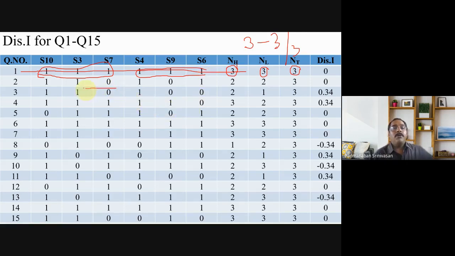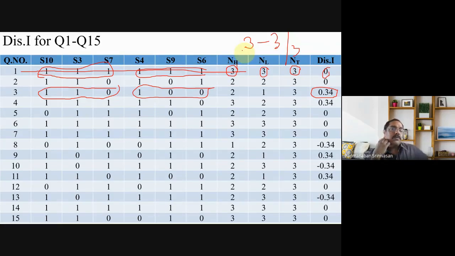From the high group, two people answered this question, from the low group only one student. Therefore the value is 0.34. It is discriminating the high performance and the low performance, so this is somewhat good. This is somewhat not good. Therefore question number 1 is to be deleted because it is not useful.